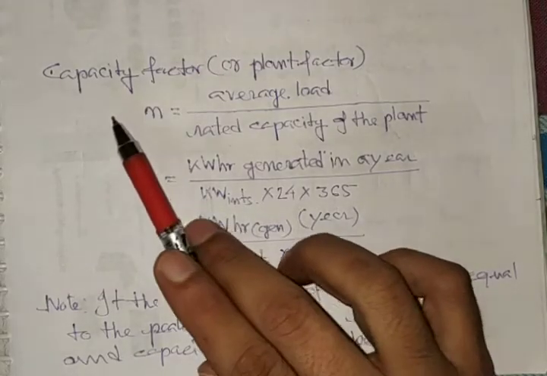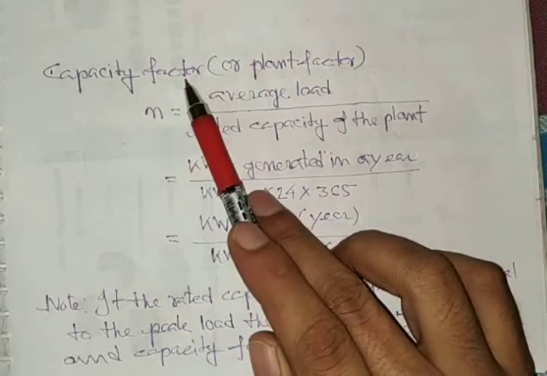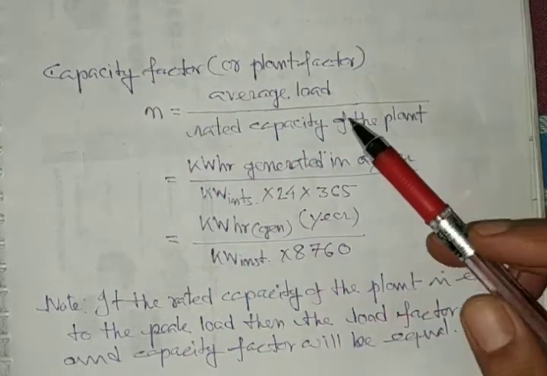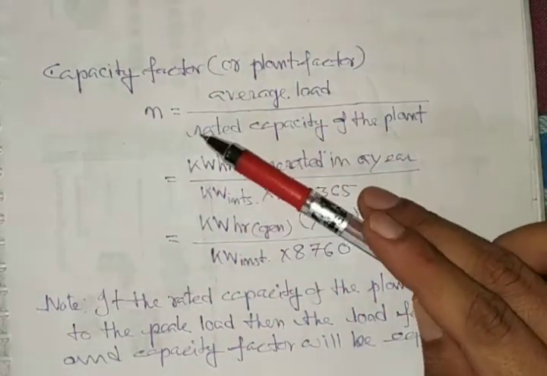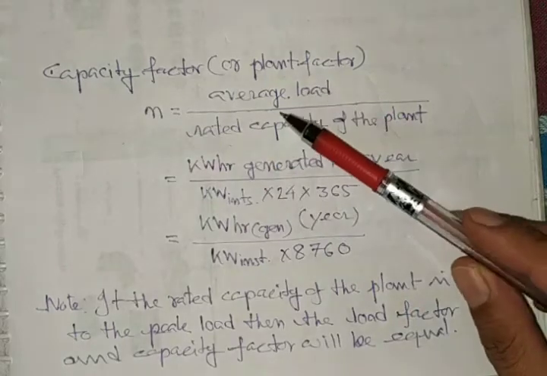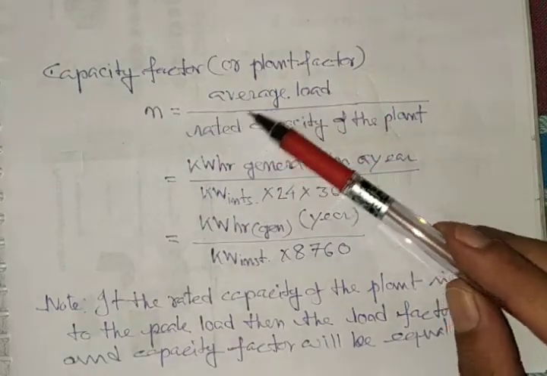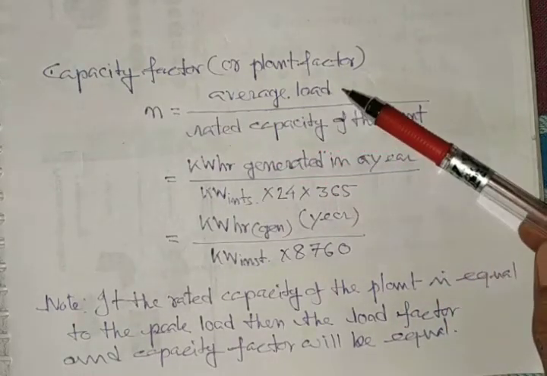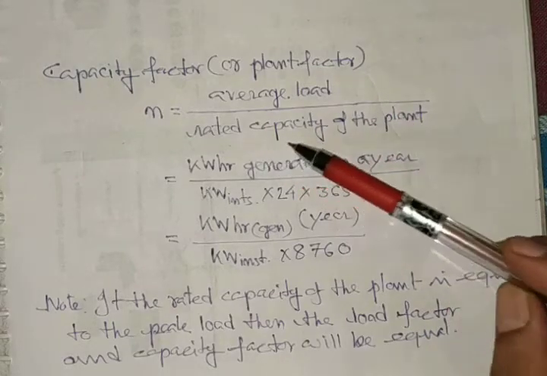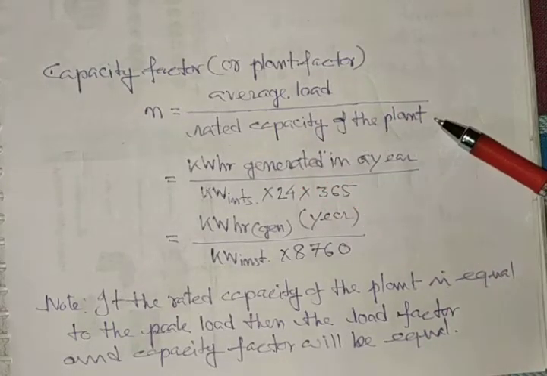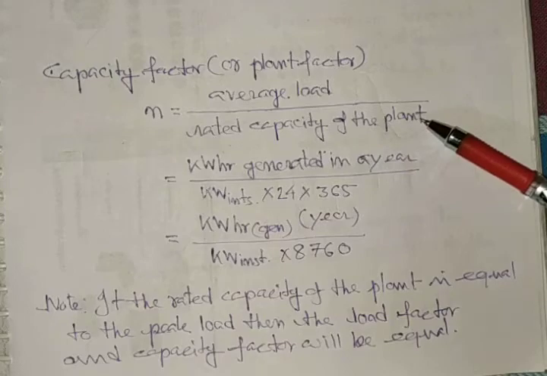The next one is the capacity factor or plant factor. It is denoted by small n. It is the ratio of average load to the rated capacity of the plant.